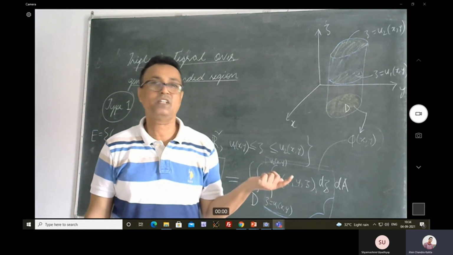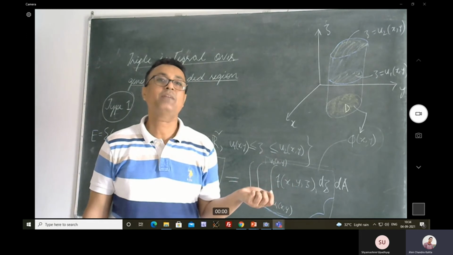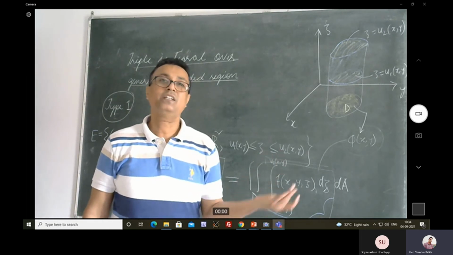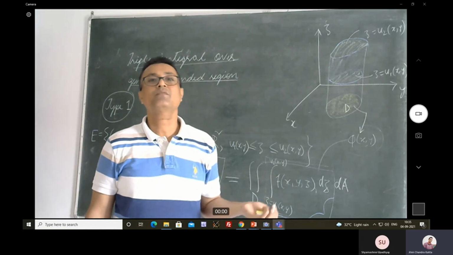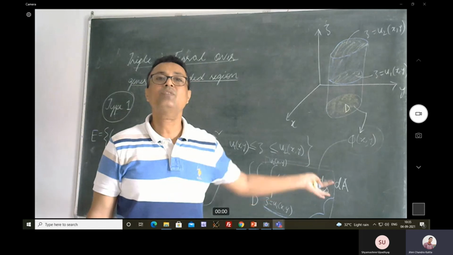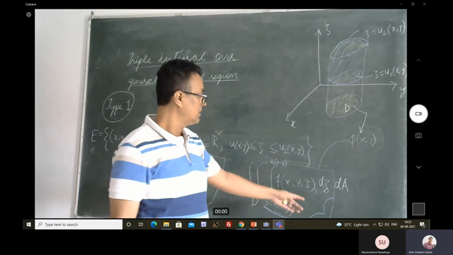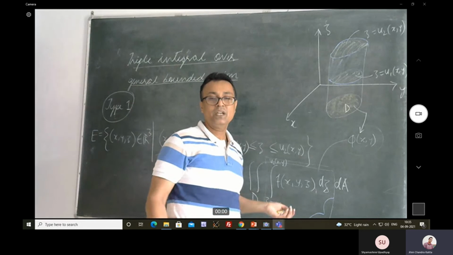If it is type 1 or type 2 in 2D, then it is straightforward. If it is not, you simply convert it into a union of type 1 or type 2 regions, and then you can easily perform the integration. So this is the way we deal with a type 1 region.